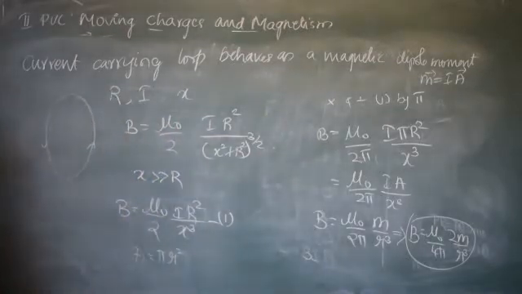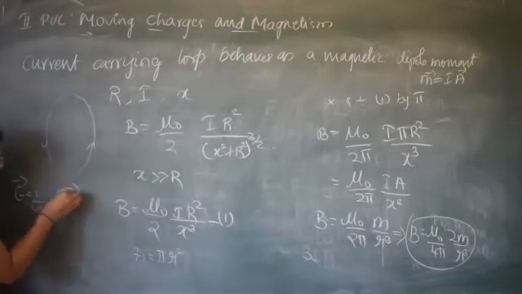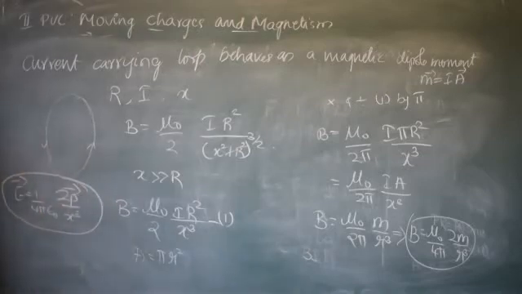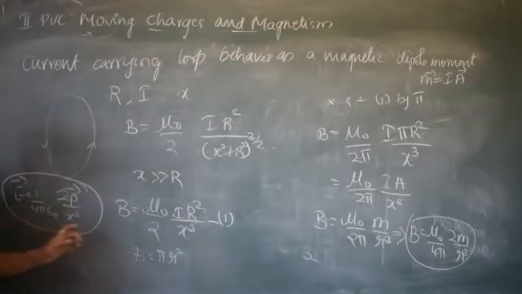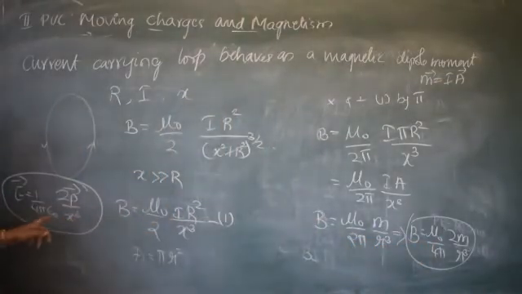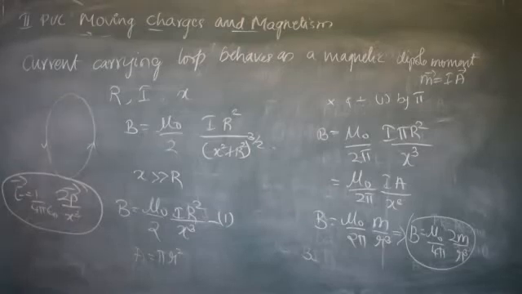We got E vector is equal to 1 by 4 pi epsilon naught, 2p vector by x cube. See the similarity: here it is 2m, there it is 2p. There we have written in terms of the electric dipole moment p, here we are writing it as the magnetic moment, correct?